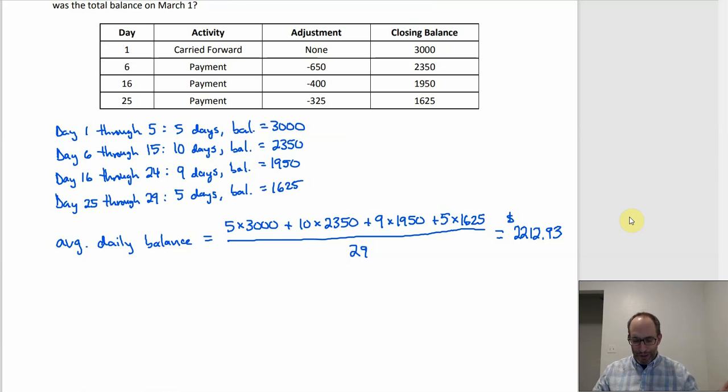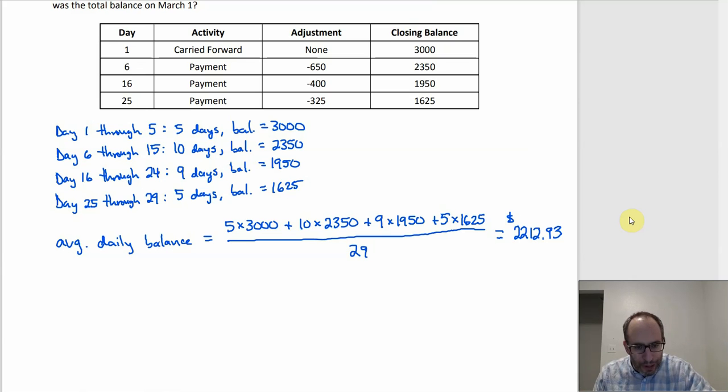I don't do it like that even though I can. I just do the numerator by itself and then divide the previous answer by 29. But if you're going to do it all in one line, make sure that you put the numerator in parentheses. All right, so then once we've got that, we can get the interest.